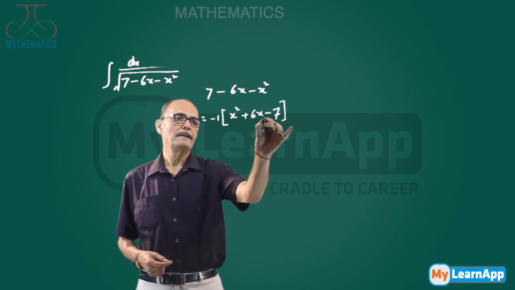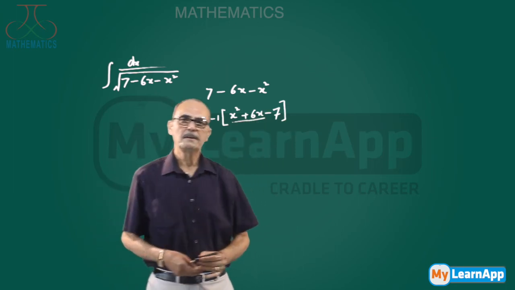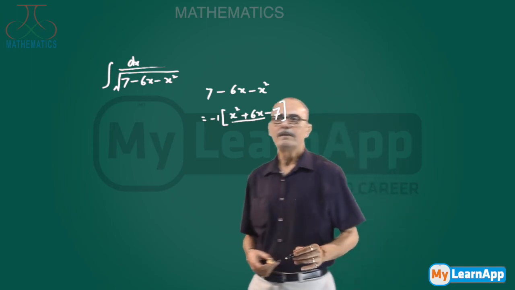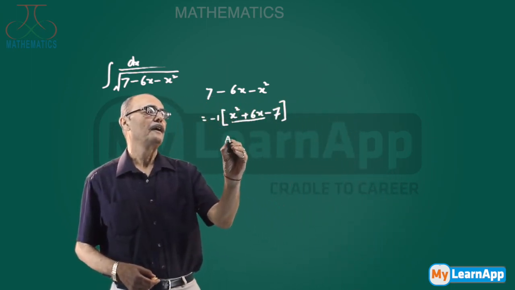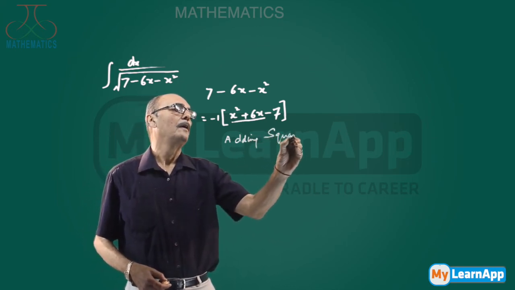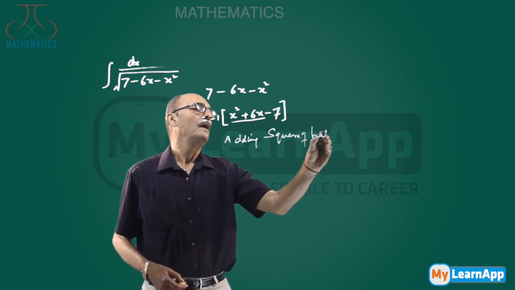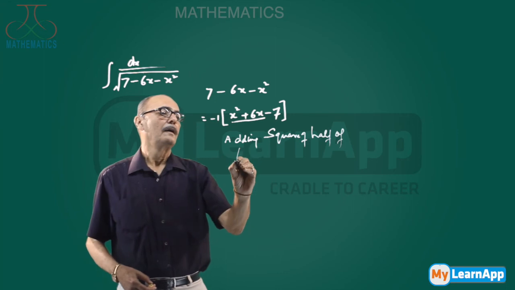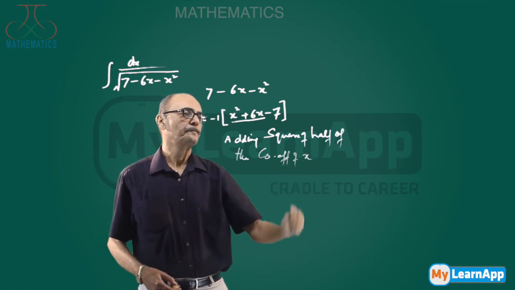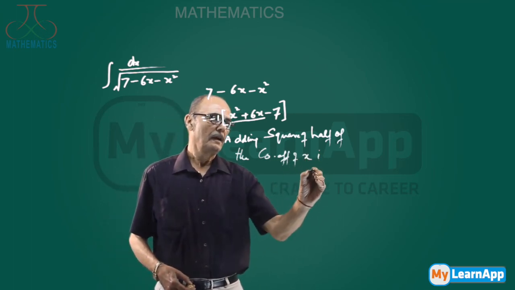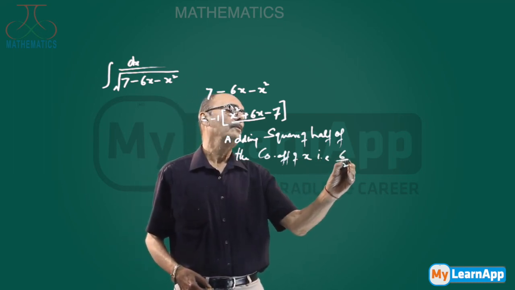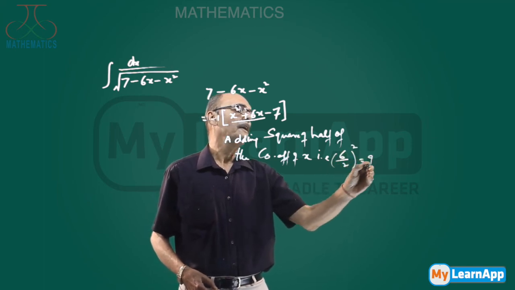Now, if you combine the first two terms, that is the term of x square and x, to make it a perfect square, we add the square of half of the coefficient of x, that is 6 by 2, and square of this, which is 9.